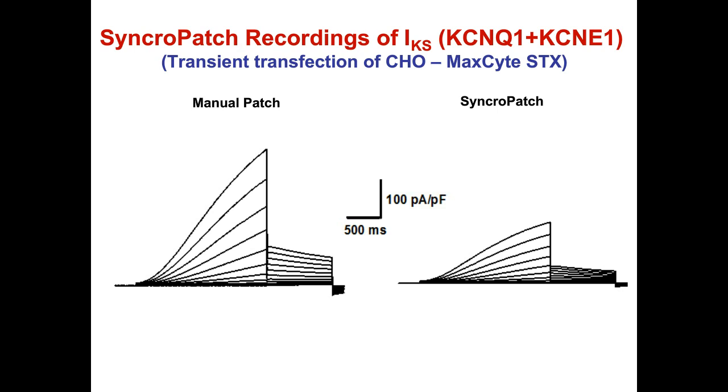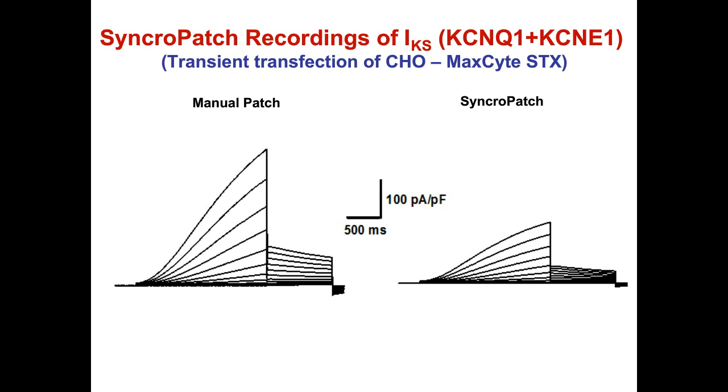And there again is the familiar slow delayed rectifier profile that is familiar to those that study IKs. On the right is an average of many cells, I don't remember the number, but probably over 100 cells that were recorded by the SyncroPatch.